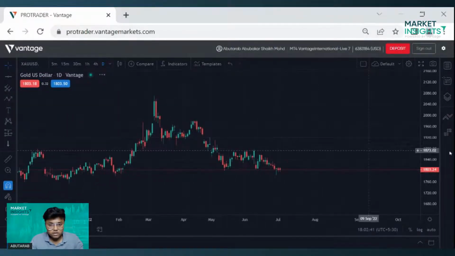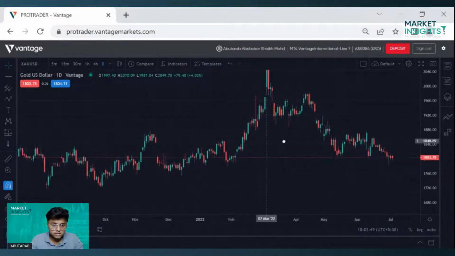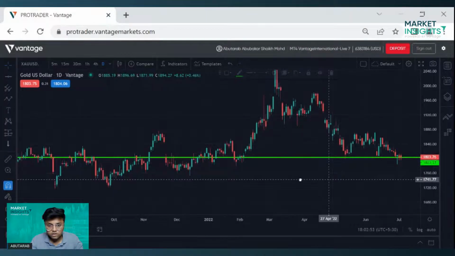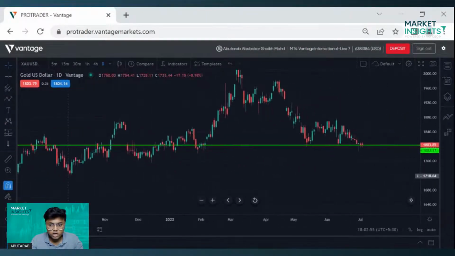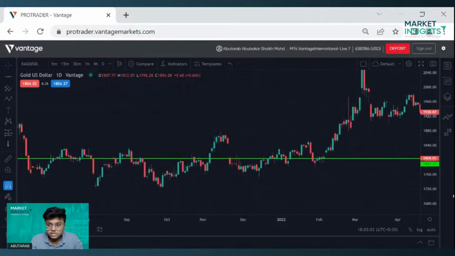But when you zoom in and see the recent price history, we have seen a very sharp uptrend in this particular case. Note this current level. I will show you how it is testing again and again. Look at this support, look at this resistance.